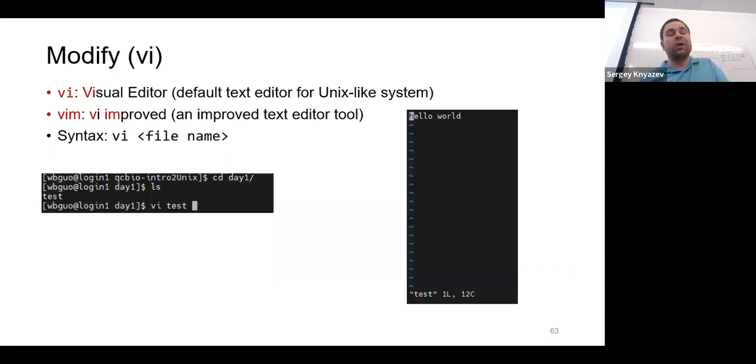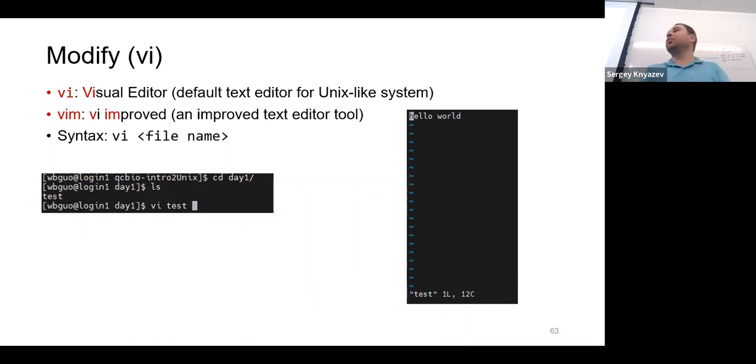Let's go further. We can modify a file. For modifying a file, there is the vim command. Originally it was vi, and it actually exists in your system, but there is an improved vi, which is vim. It is not a standard text editor, so you need to learn a little bit about how to use it.